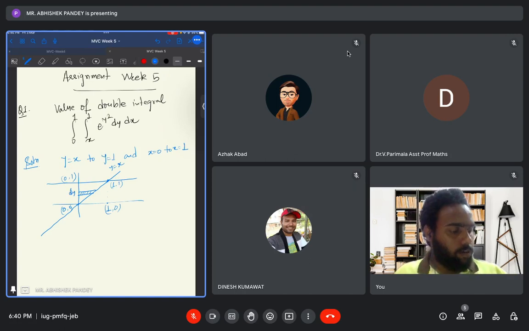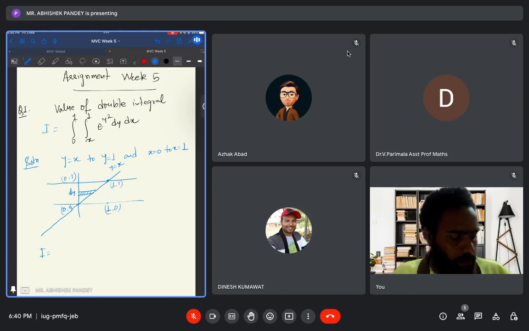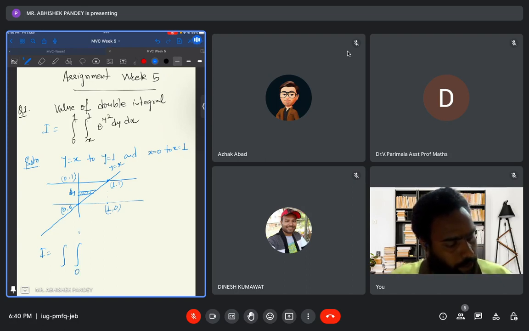Now the integration, let us say I. What will be the limit of x? x is from 0 to y, and y is from 0 to 1.